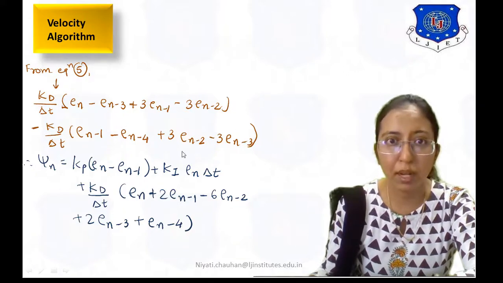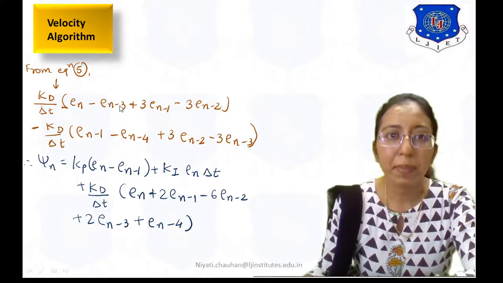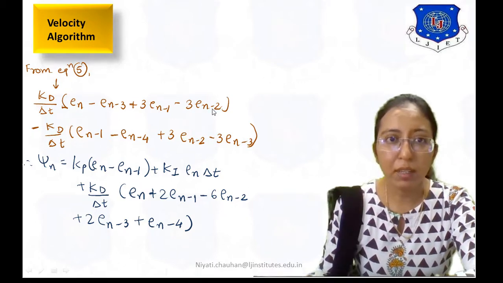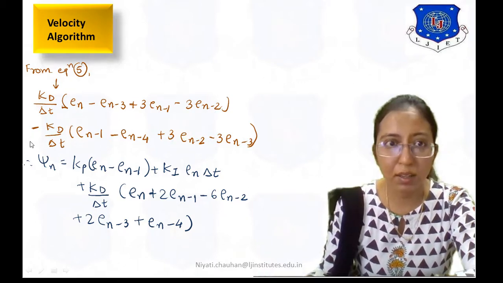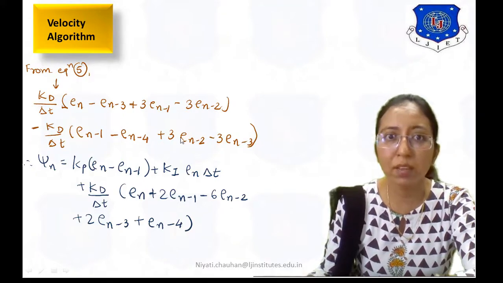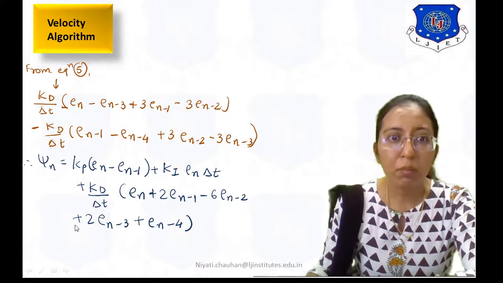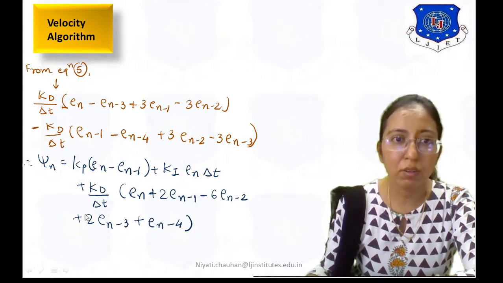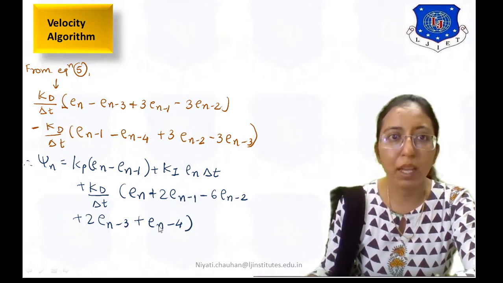Then minus 6 En minus 2, plus 2 En minus 3, since minus minus gives plus, so plus 3 and minus 1 gives plus 2. Then plus En minus 4.